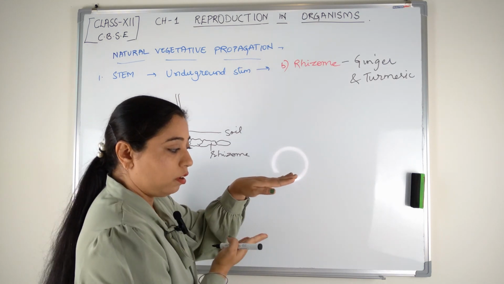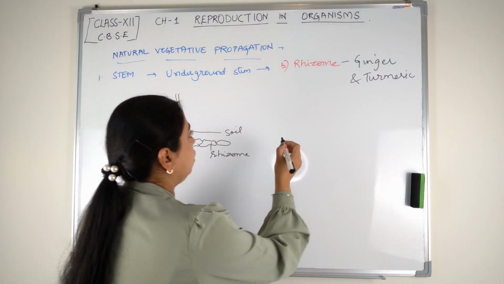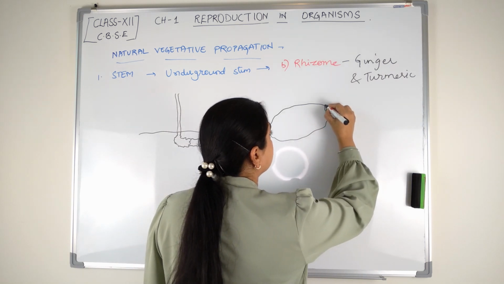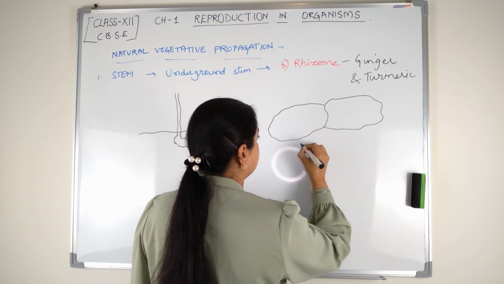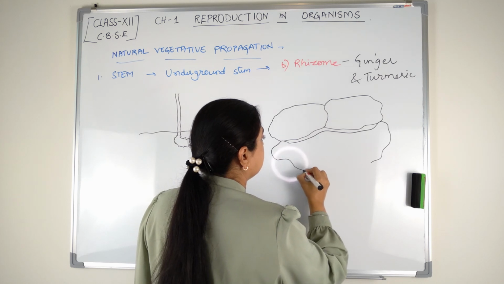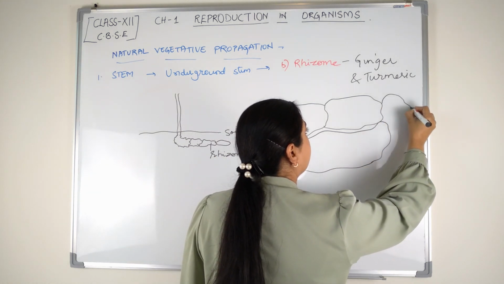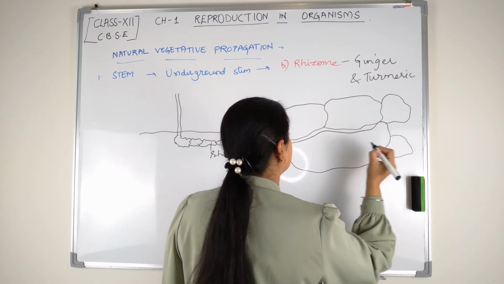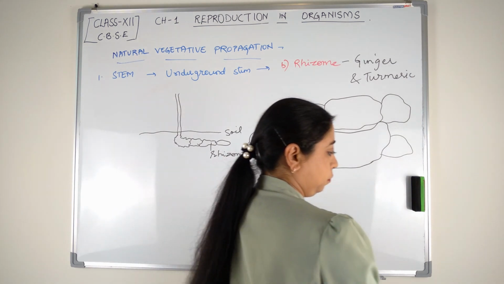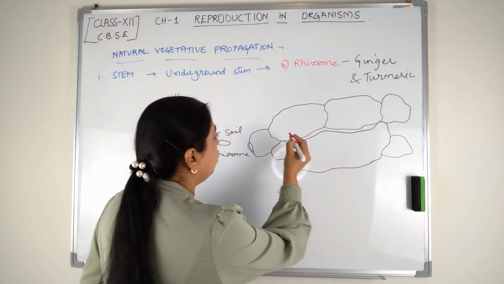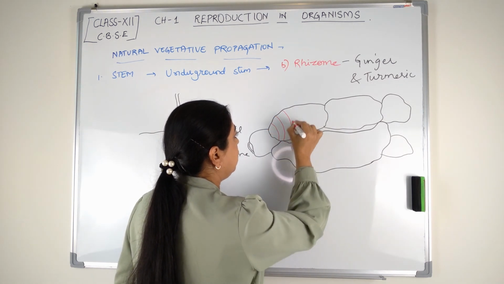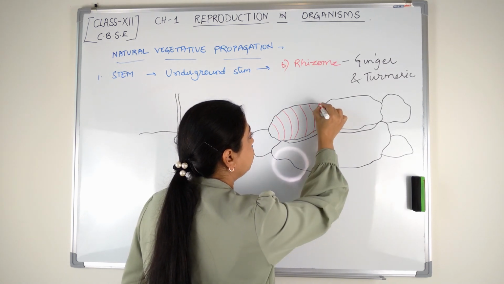If this is soil, it will grow like this. Okay, so if this is a rhizome, suppose, all over the surface, the ginger rhizome has circular lines. These are nodes.